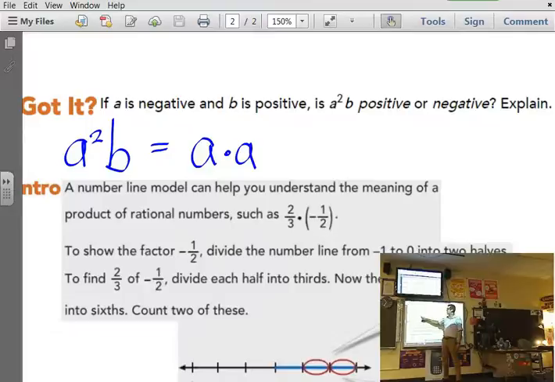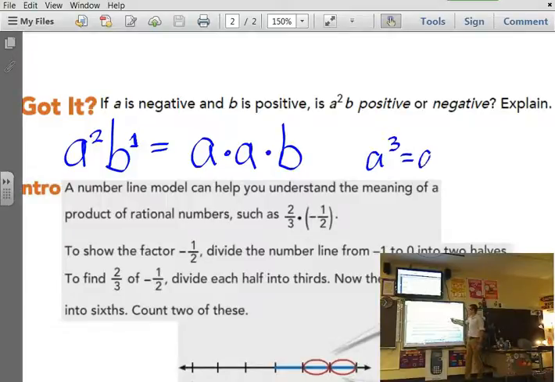B doesn't have a power. Really, technically, it has a power of 1. We just don't show it. So that means there's only one B. So that would be a times b, because it's a squared. A to the third would be a times a times a. A to the fourth, a times a times a times a. And it keeps going and going and going.